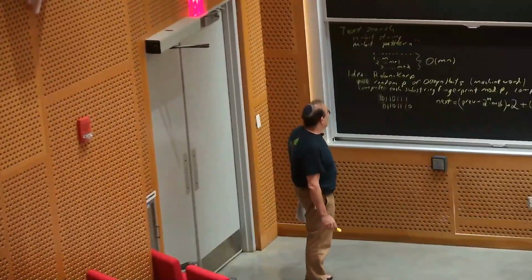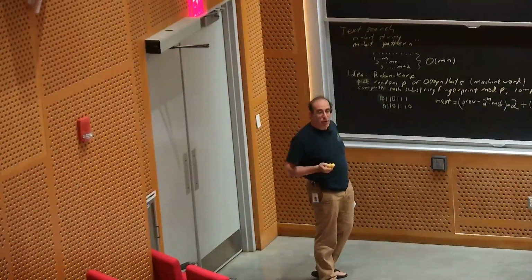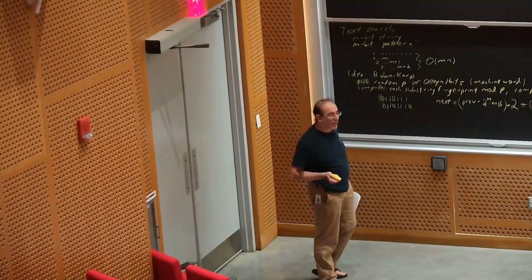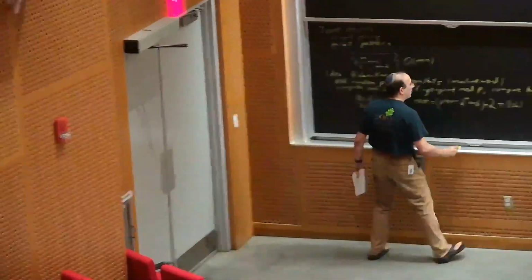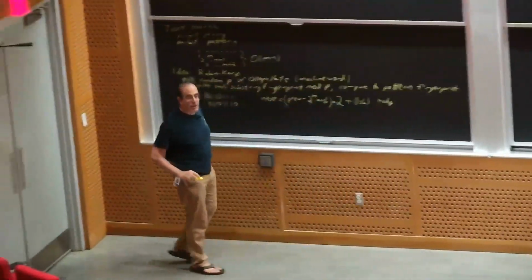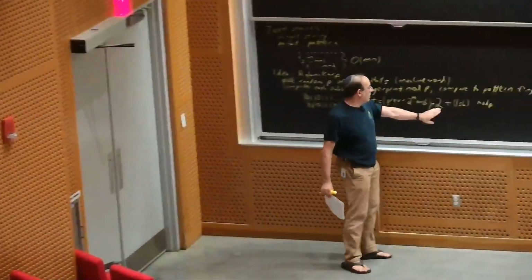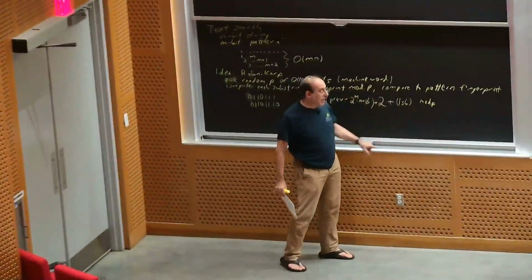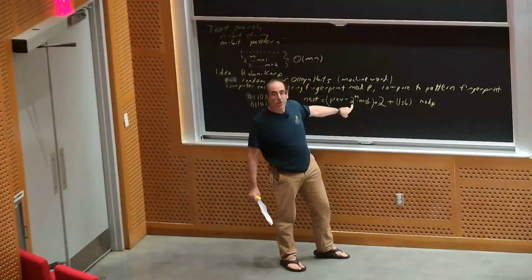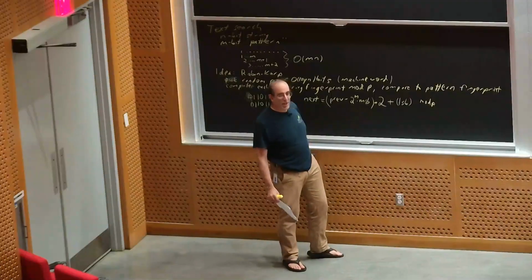Okay. But as you were saying, we just need to do our arithmetic mod p. So we just put a mod p here, and now we have the next fingerprint based on a multiplication and a couple of subtractions. 2 to the m can be computed once, mod p, and stored. You don't have to compute it every time.